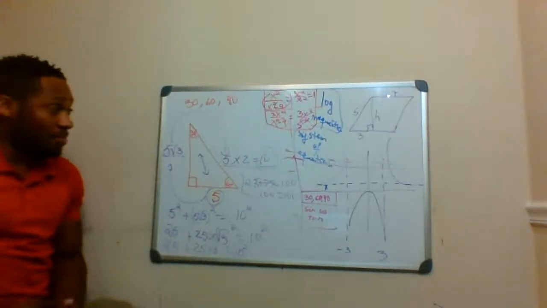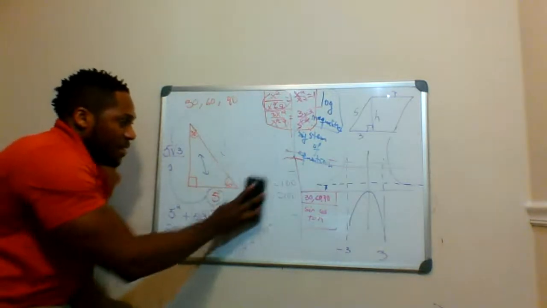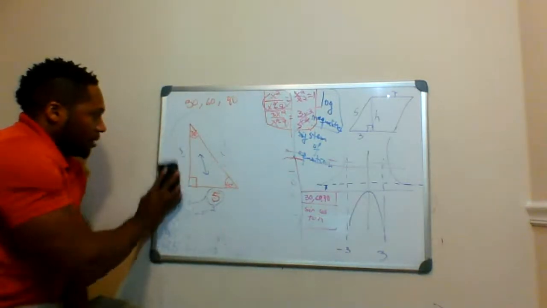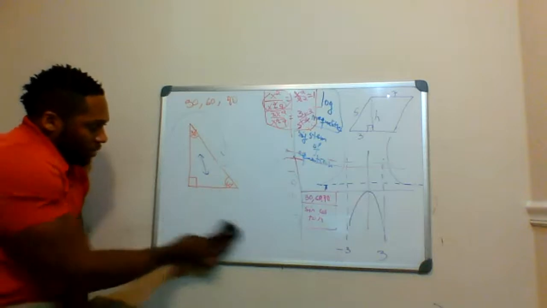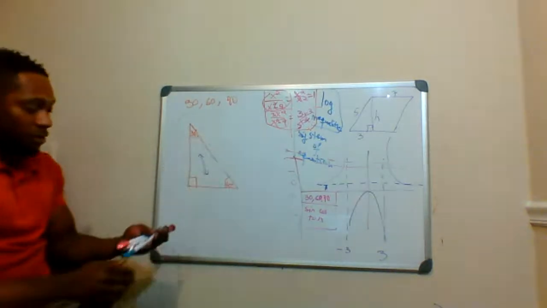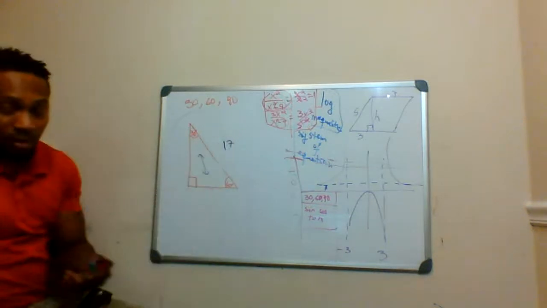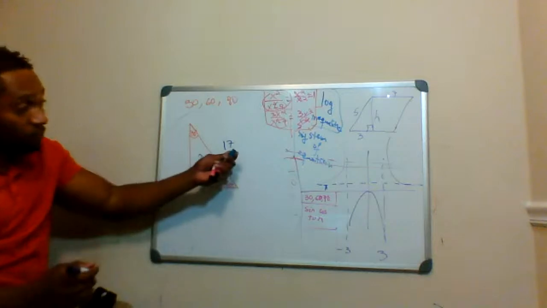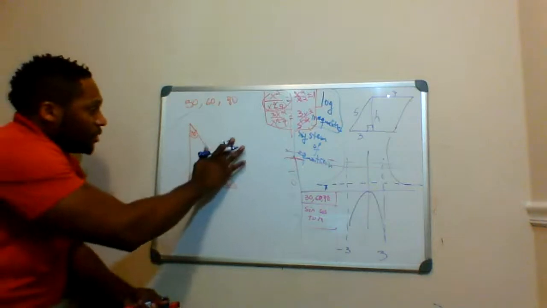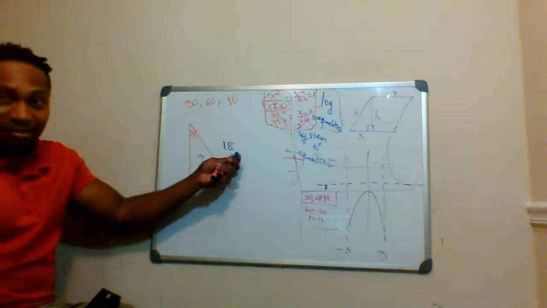So the other way to think about this too: the same question can be asked a different way. Let's say you know the hypotenuse to be 18.